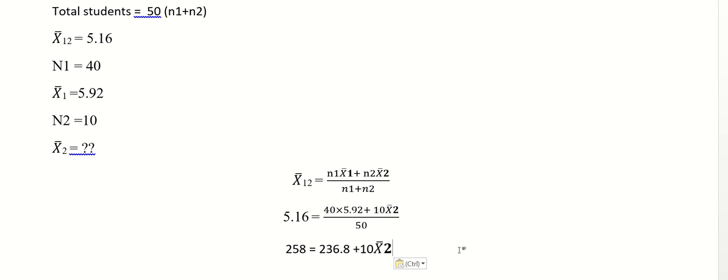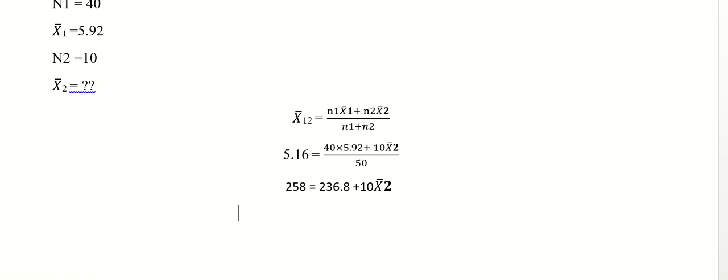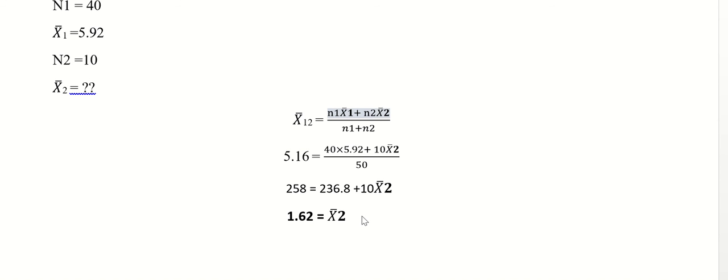Now we will solve it. 258 minus 236.8 is 21.2, and 21.2 divided by 10 is 2.12. Wait, as calculated: 258 minus 236.8 is 16.2, and 16.2 divided by 10 is 1.62. So mean 2 is 1.62. This is how we have calculated mean 2.